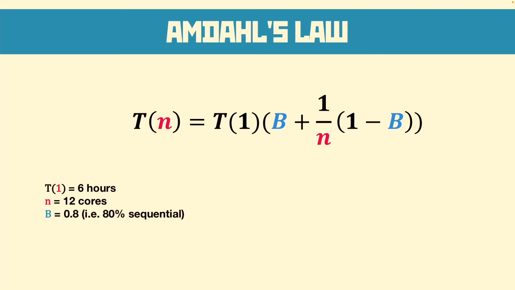In this case, I'm going to say T1 is 6 hours. There are 12 cores, and 0.8, i.e. 80% is sequential. That means that most of the process needs to go one after the other.